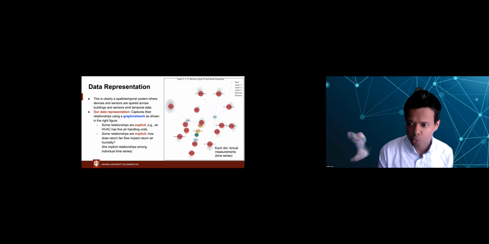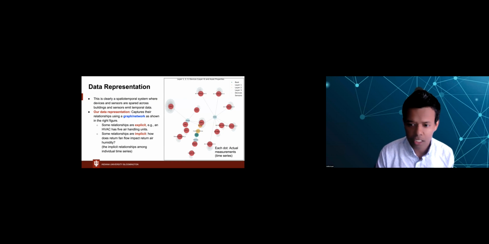In our data representation, we capture this type of correlation or connection using a graph or network. In some cases, those relationships are explicit. For example, in one HVAC unit, we may have 5 air handling units. So that relationship is quite explicit because one HVAC will contain 5 air handling units. So they should always influence one another.